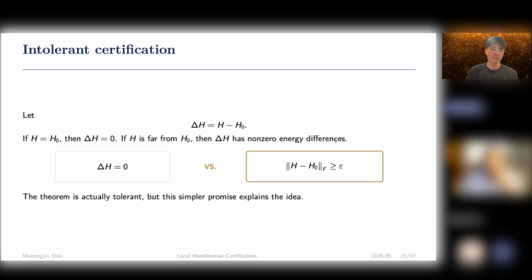First, let's define delta H as the difference of H and H0. If they're the same, of course, delta H is going to be 0. And if they're not the same, the Frobenius norm of H minus H0 will be bigger than or equal to epsilon. We are going to discriminate those two cases.